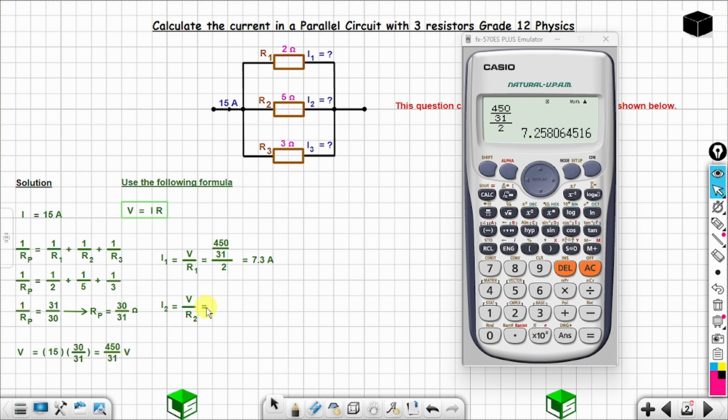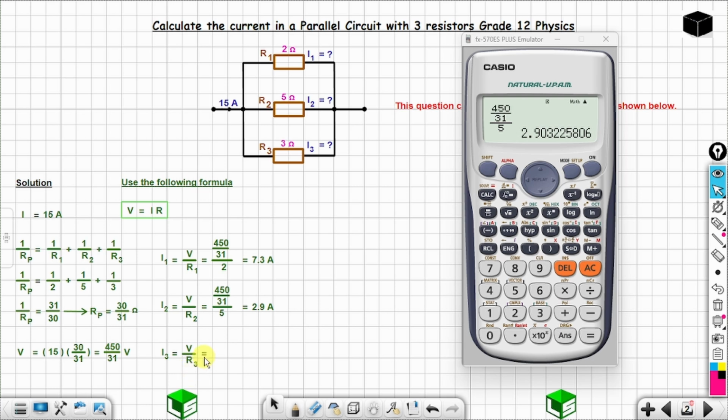This is equal to 2.9 amperes. Now I3 is equal to V over R3.